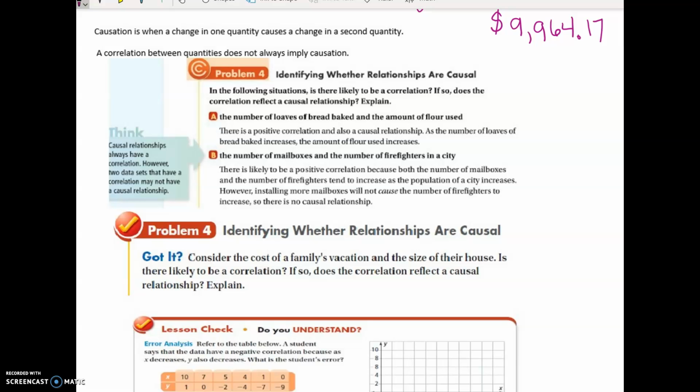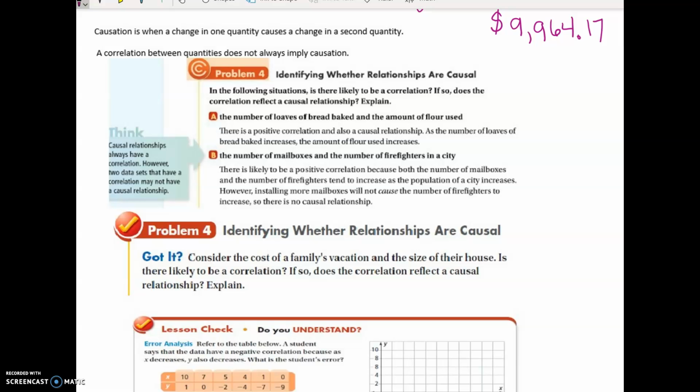Continuing where we left off, we needed to finish up problem 4. In this problem, we're going to talk a little bit about causation. I'm just going to mention this.